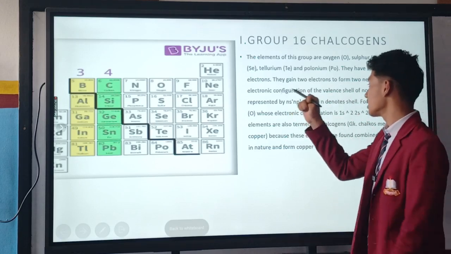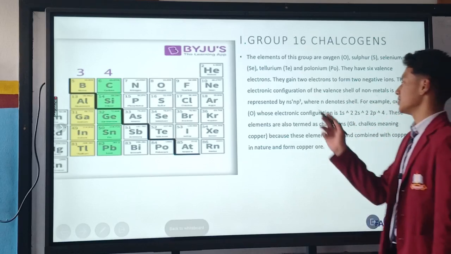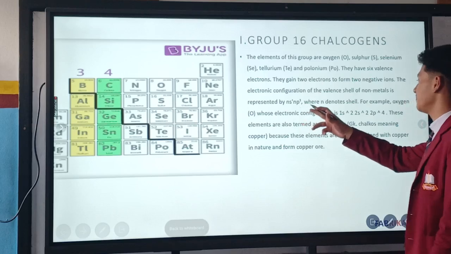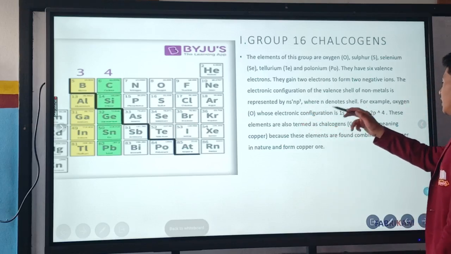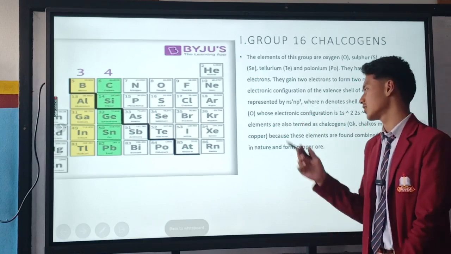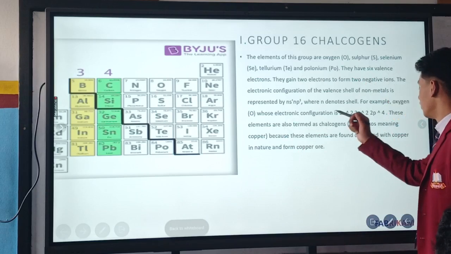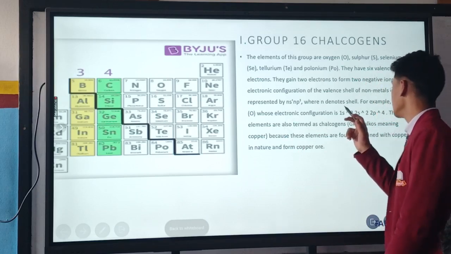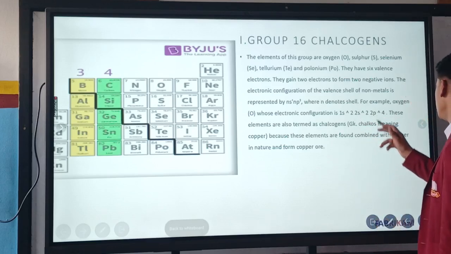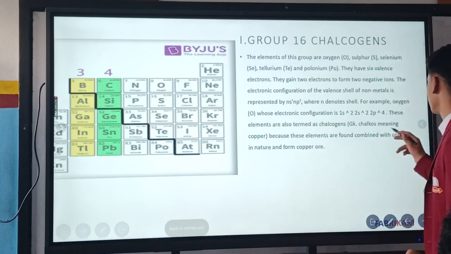The electronic configuration of the valence shell of non-metals is represented by ns²np⁴, where n denotes the shell. For example, oxygen O, whose electronic configuration is 1s² 2s² 2p⁴.